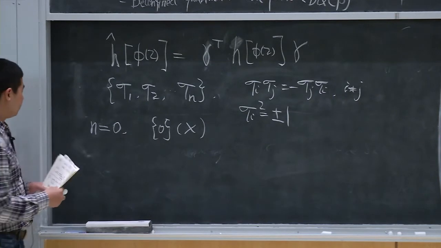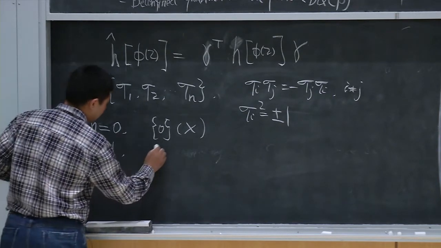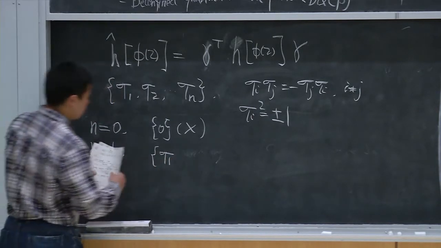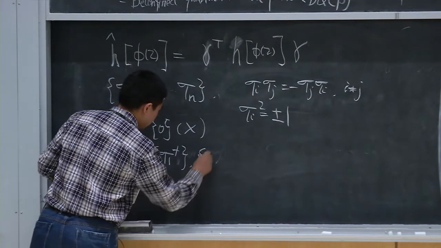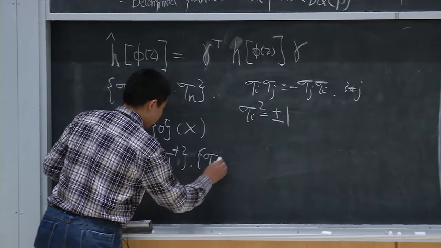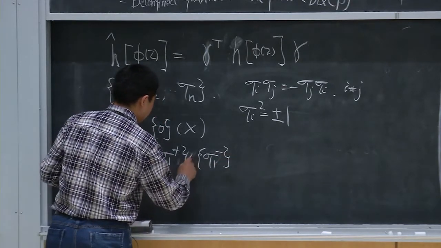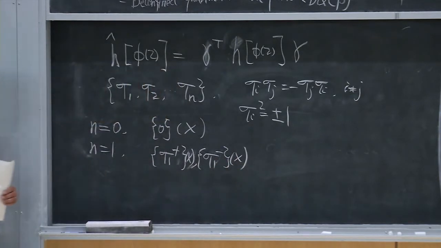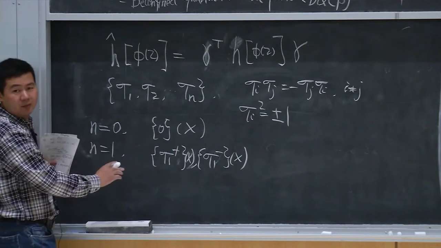If n equals 1, we can have a single anti-unitary symmetry which is respected by this H. And there are two cases. The square of this symmetry is +1 or -1. Both of these are not good. They are all problematic. There are many examples.